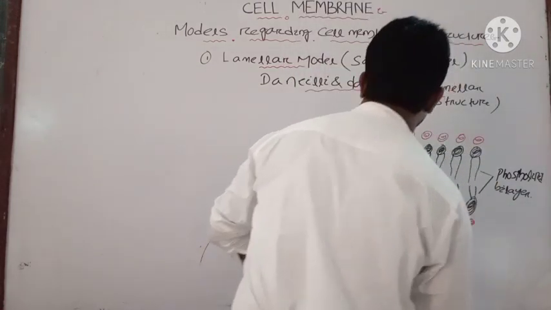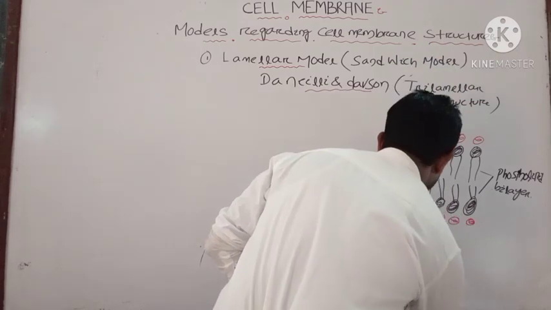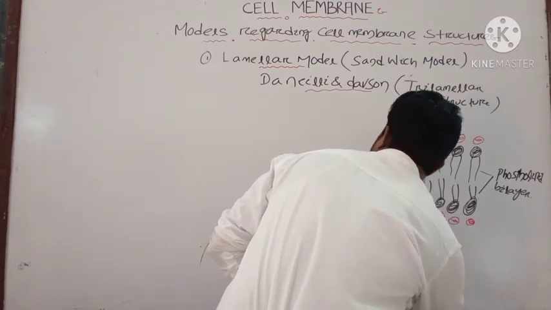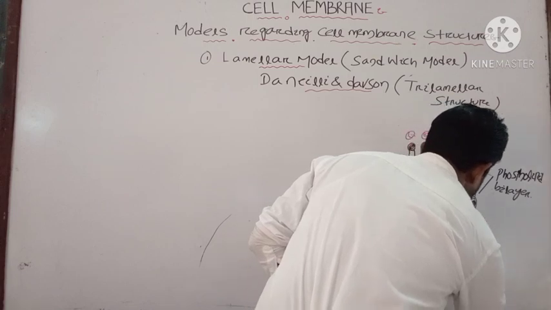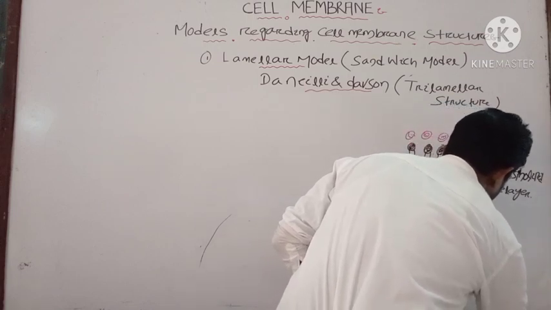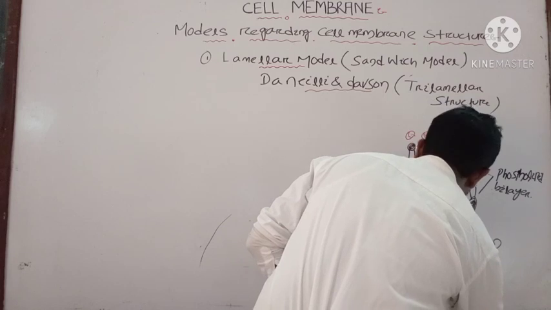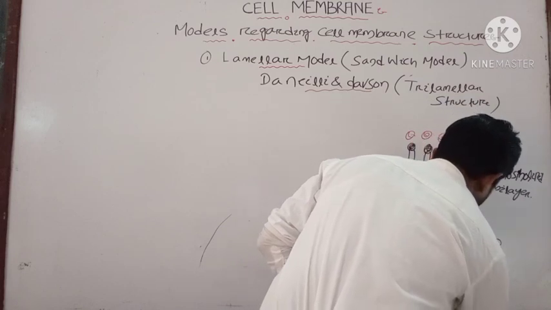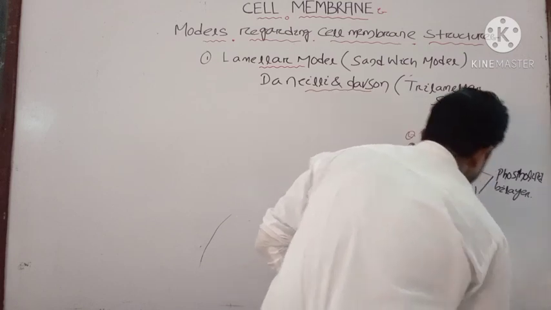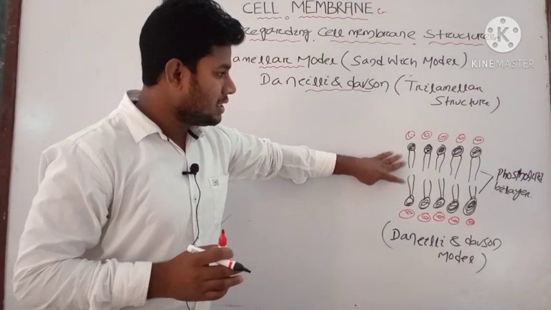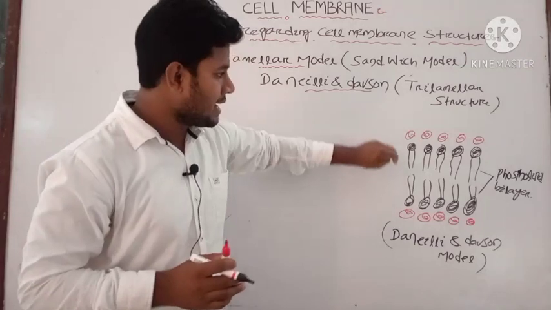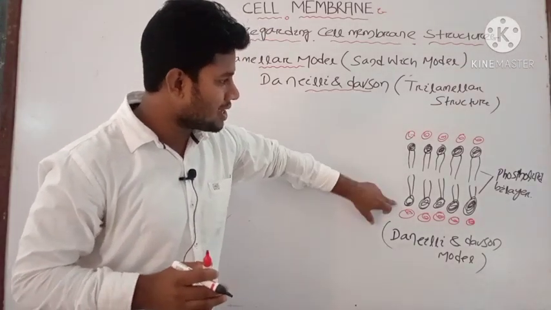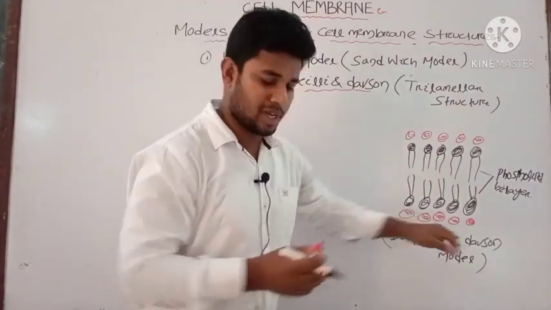This is known as your membrane. You can see these two structures. It is known as your phospholipid bilayers, and these structures are known as your unit membrane of protein.